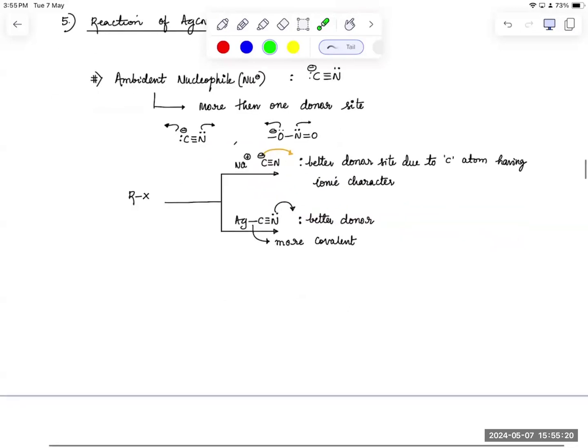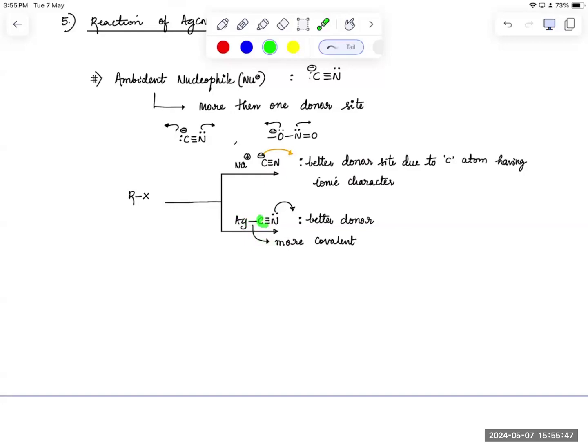So when you take ionic cyanide, KCN is ionic cyanide, NaCN is ionic cyanide, then CN minus will attack through carbon because carbon is a better donor site compared to nitrogen. But when you have covalent cyanide like AgCN, the problem here is silver and carbon have a strong ionic bond already.